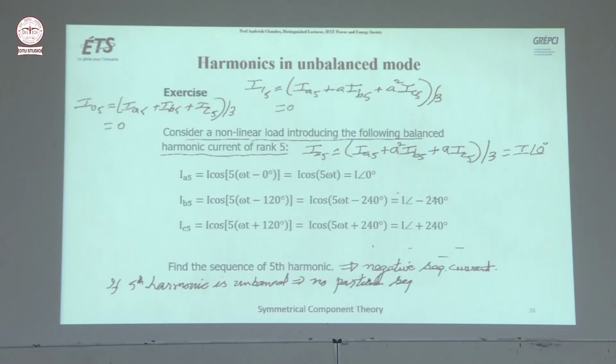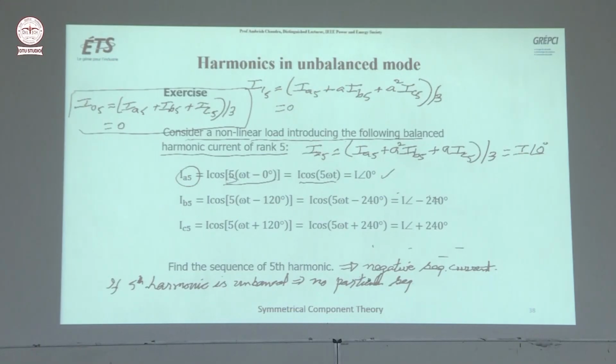You have to find the sequence of the fifth harmonic: whether it is a zero sequence current, a positive sequence, or a negative sequence. So you can put the same equation which we have already seen. For the fifth harmonic, because the frequency is 5 times, you can write it this way.